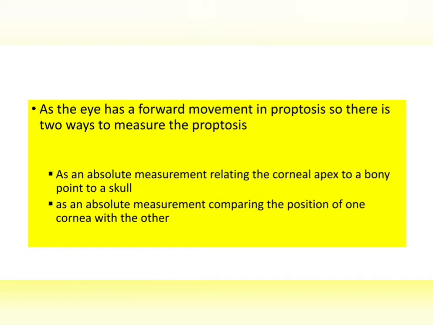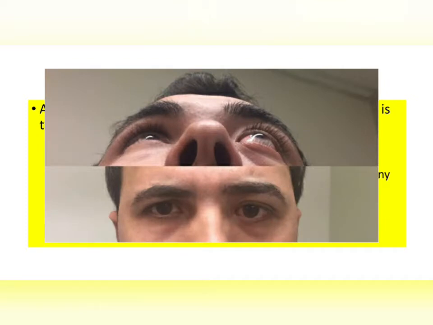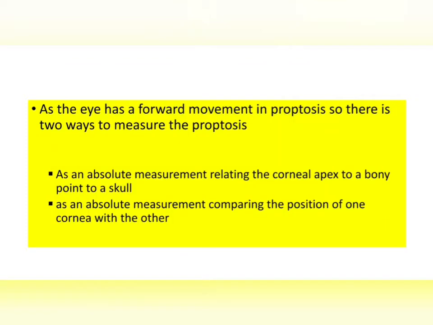Or, by comparing the two eyes' corneal apex levels, if one eye is more forward than the other by more than 2 millimeter, that is also called proptosis.